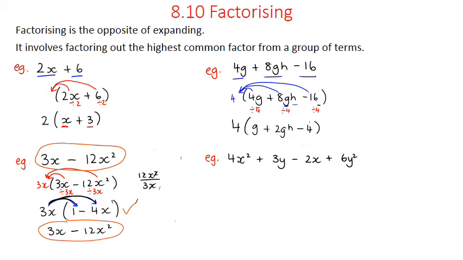Okay, so you might be thinking, but wait, nothing matches. What we can actually do is factorise out into groups. So I'm just going to group these together. I'm going to put my x's together, and I'm also going to put my y's together. These x's have gone together, and these y's have gone together.